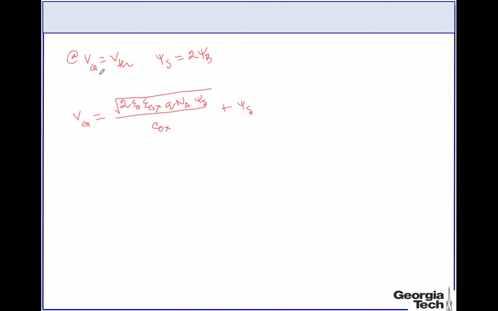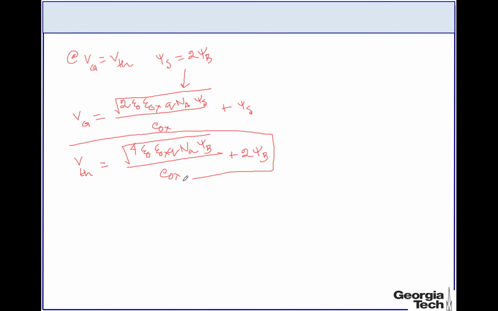So if we plug in psi s equals 2 psi b, then Vg becomes Vth. So we get square root of 4 epsilon naught epsilon ox q Na psi b over Cox, plus 2 phi b. So this is the equation for threshold voltage.